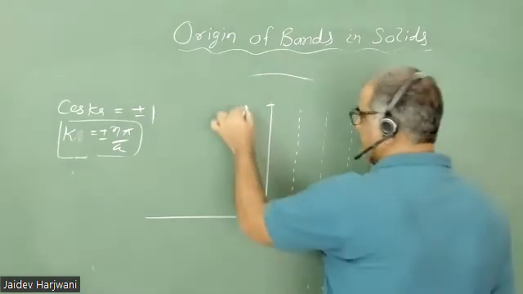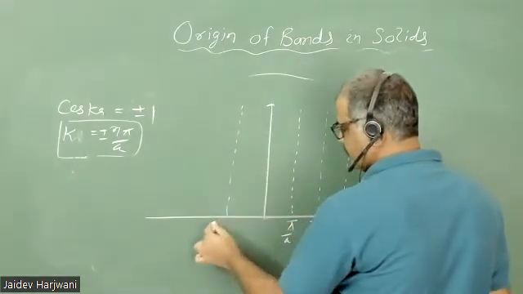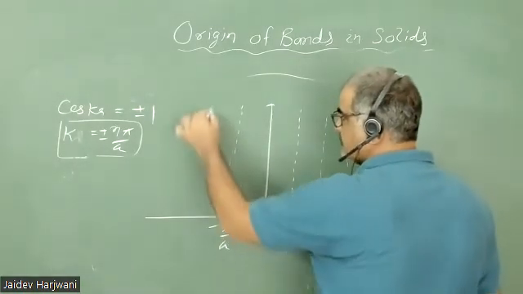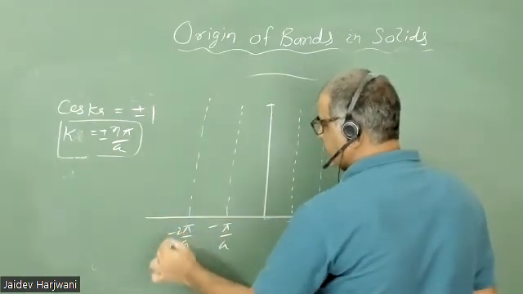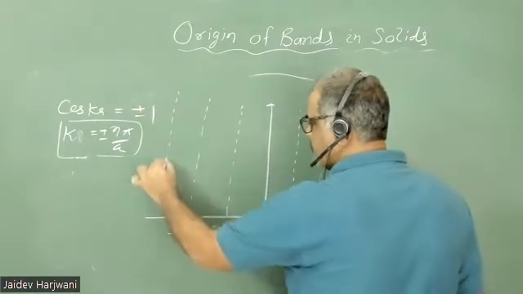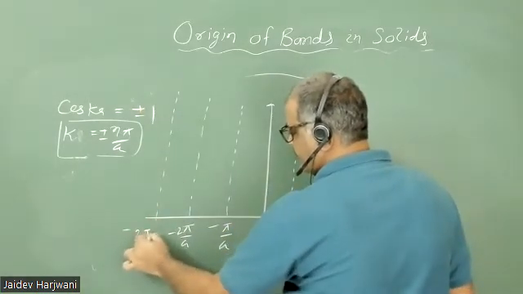Similarly here you have minus pi by a, minus 2 pi by a, and minus 3 pi by a.